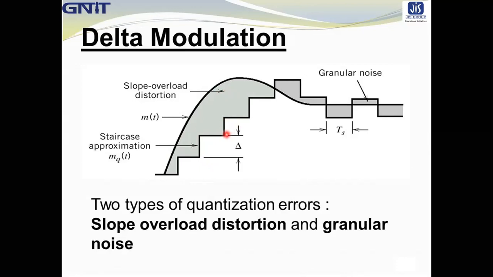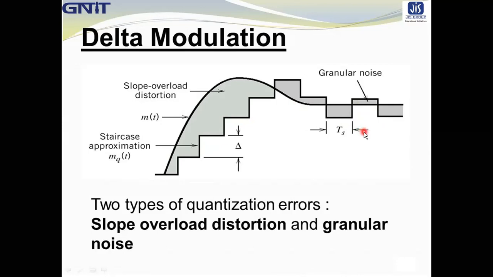And similarly for granular noise distortion, when the step size becomes too large compared to the small variation of the input signal, then the error between the original signal and the staircase approximated signal is called granular noise.